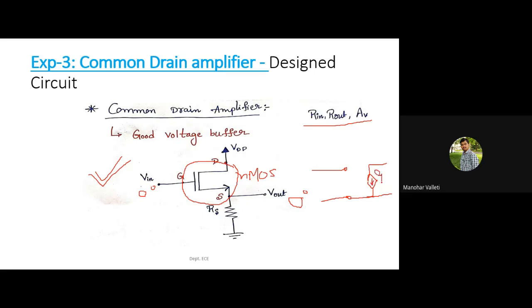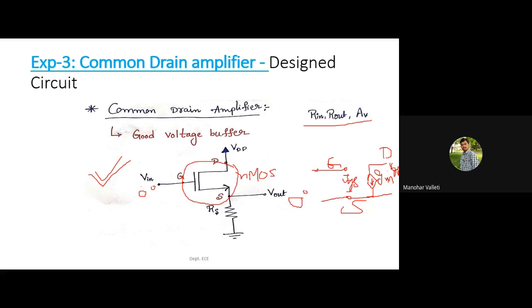This is gm VGS, and this is where VGS is. This is the equivalent model of this MOSFET, right? So this is gate, source, drain.